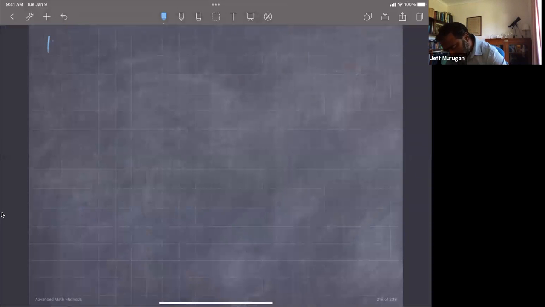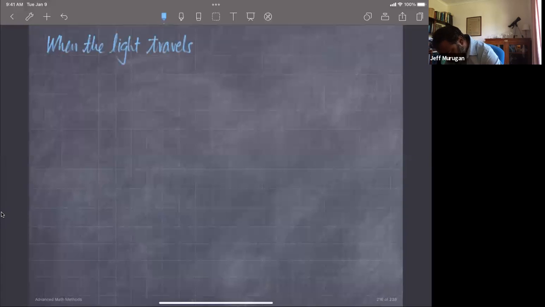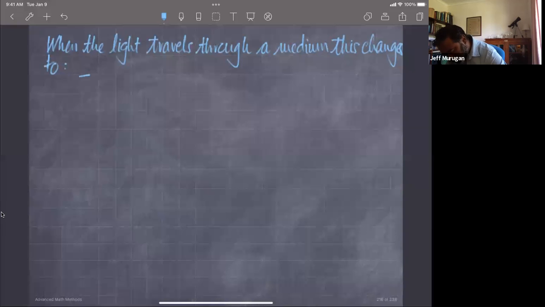So when this light travels through a medium, this changes to the following relation.